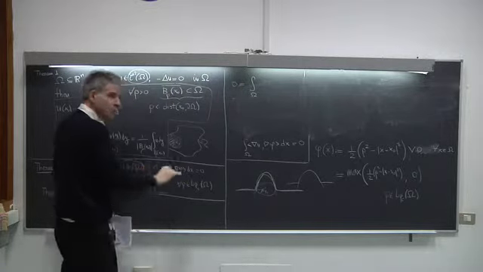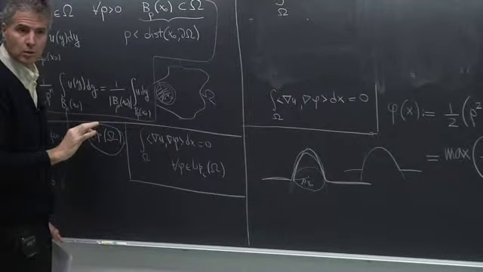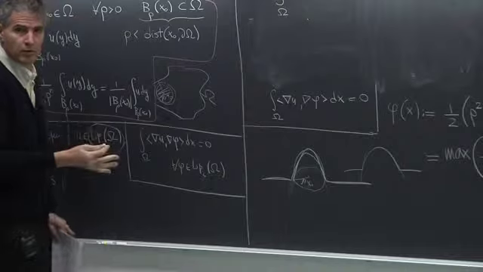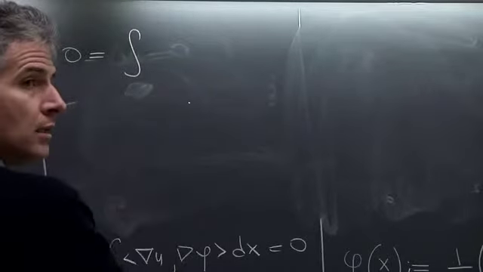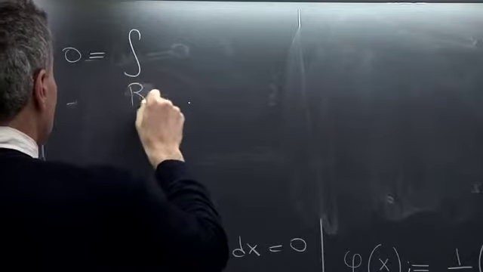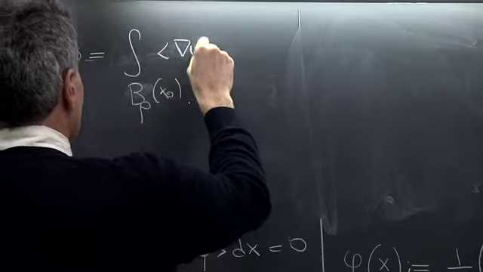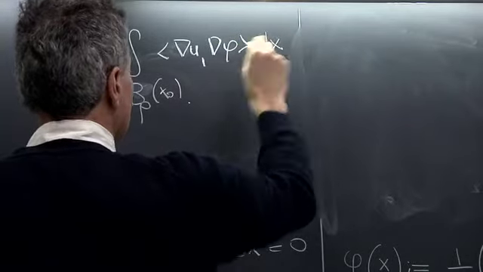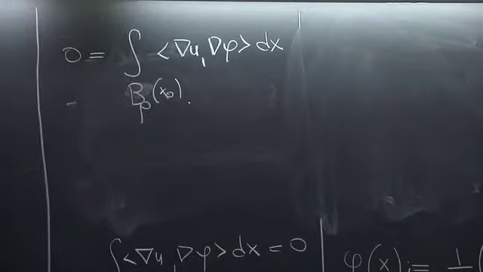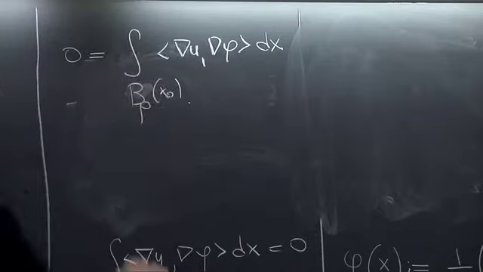And moreover, it is 0 outside of the ball, simply because phi is constant there. So actually this integral is concentrated on the ball, dx. Okay? So this is equal to this, and this is 0, therefore we have this.